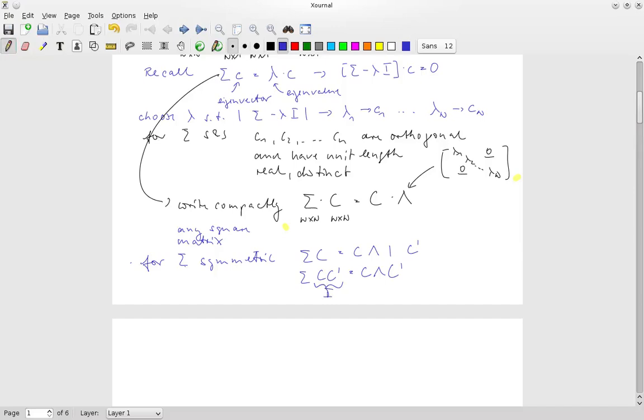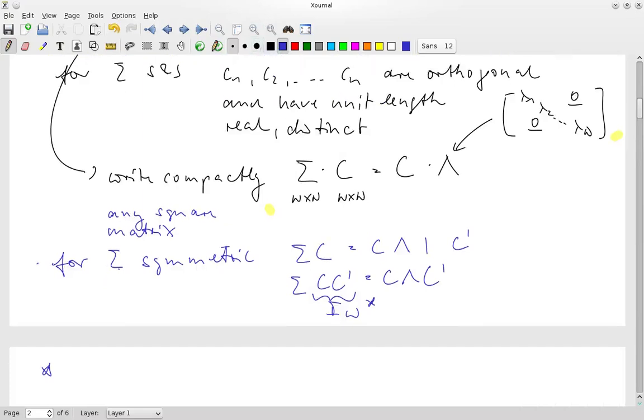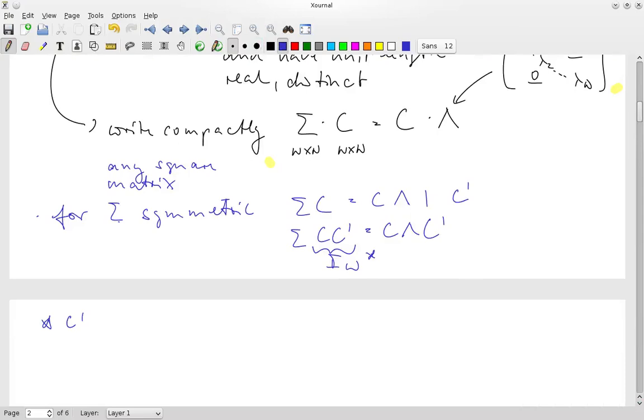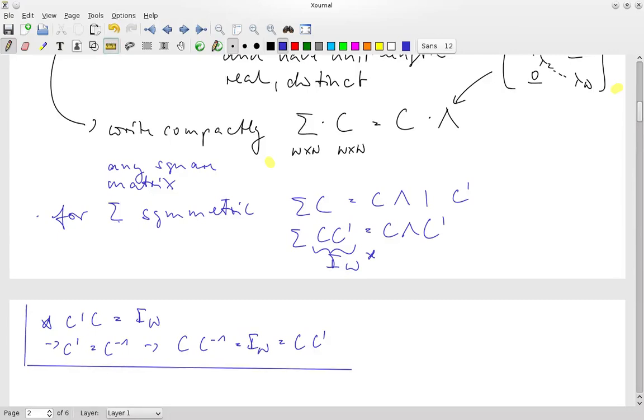But this is actually also the identity matrix, and this is because C prime C is the identity matrix, right, the orthogonality, and that will imply that C prime can act as the inverse of C, but that implies that C to the minus 1 would be the same thing as C prime, which is what we have standing on the left-hand side of the above expression. Okay, so this is actually the identity matrix on the left-hand side of the equation.